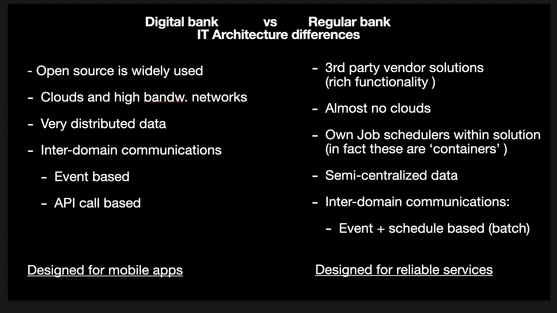Regular brokerage companies or regular banks tend not to trust open source, and they try to avoid cloud infrastructure. It is changing a little bit now, but in general there is no trust in any services on the internet. They have their own schedulers.